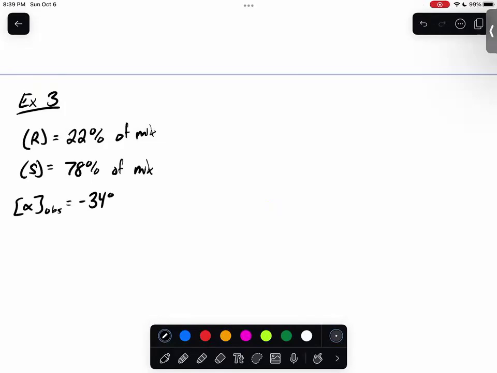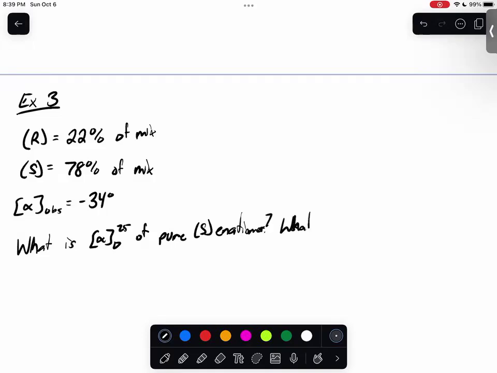And the question becomes, what is the specific rotation of the pure S enantiomer? And we can also ask, what about R?